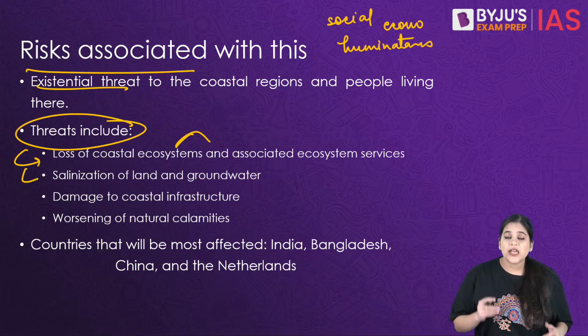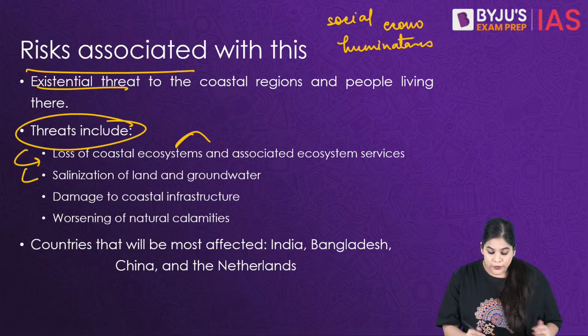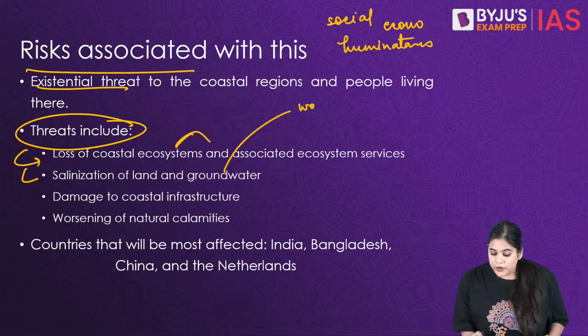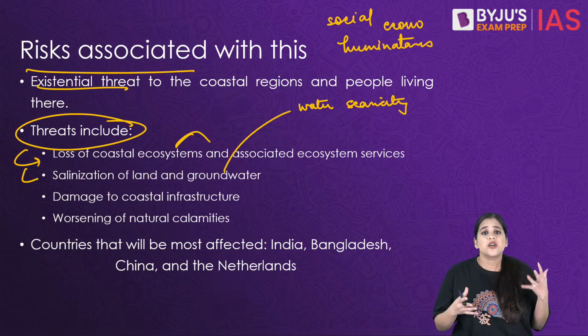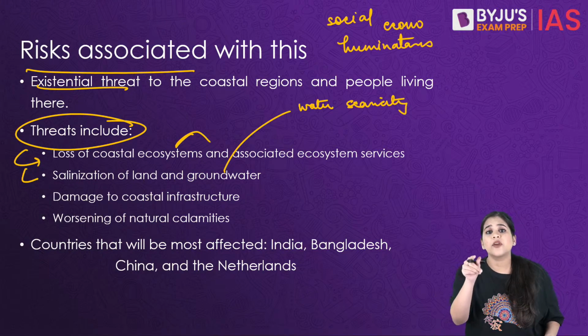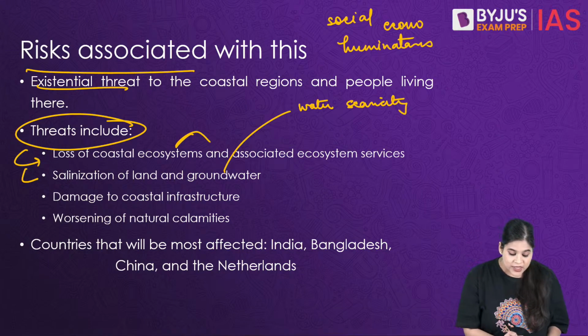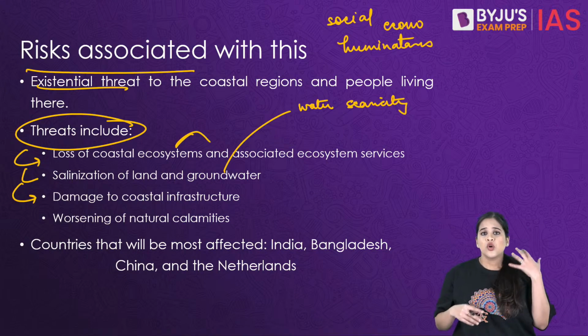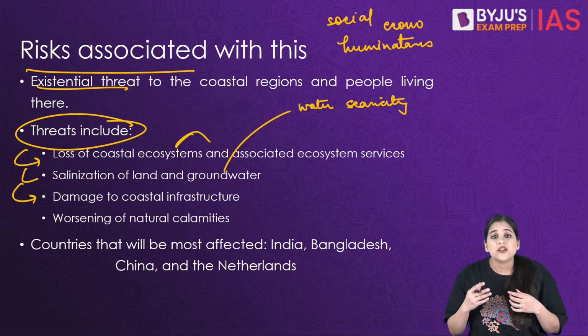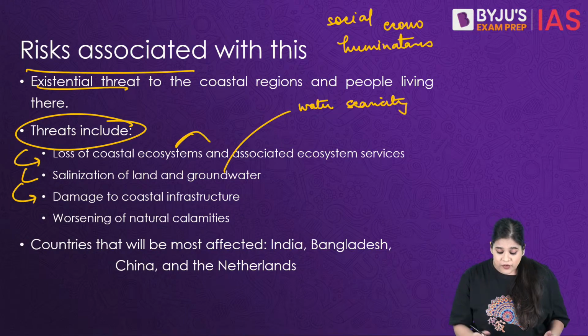Then there will be salinization of land and groundwater, which will cause what? Water scarcity and loss of livelihoods, because the land will become saline and will not be fit for agriculture. There will be damage to infrastructure, to roads, to essential buildings, to houses, everything.